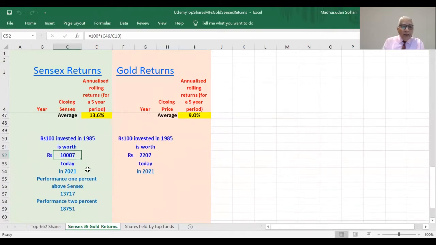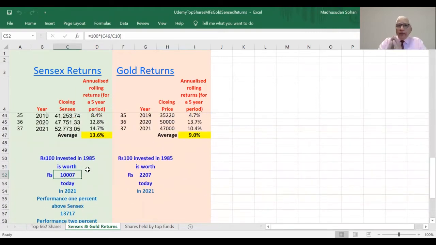Now see, there are several mutual funds which have outperformed the Sensex. Sensex is what? Sensex is the total market growth as measured by the index called Sensex. Nifty is similarly measured by an index called Nifty. It has chosen 50 shares out of the top 100.